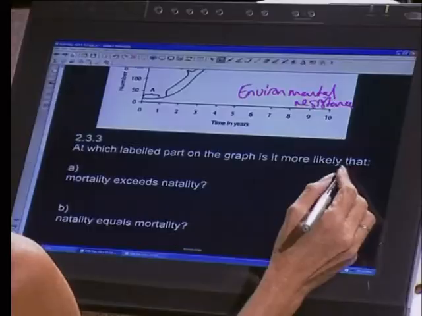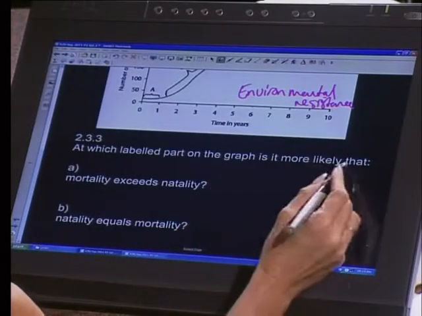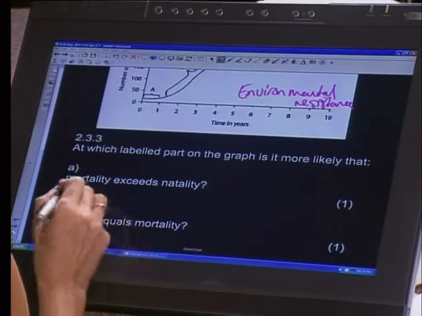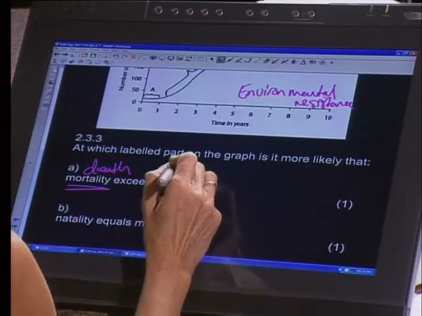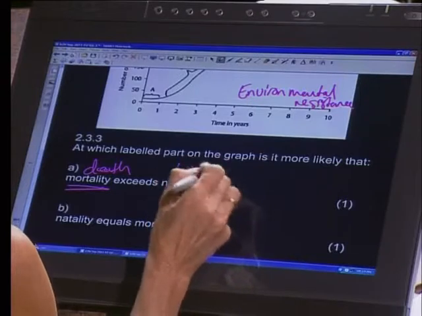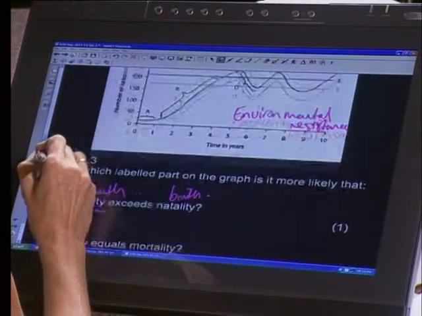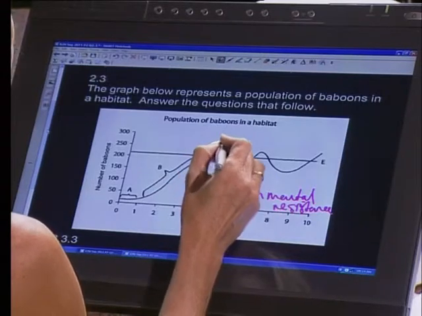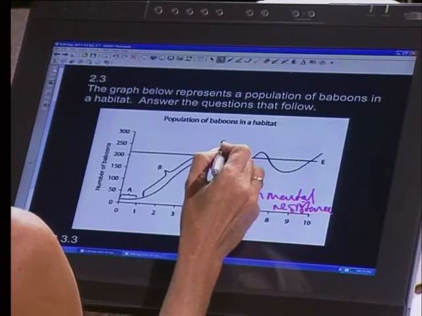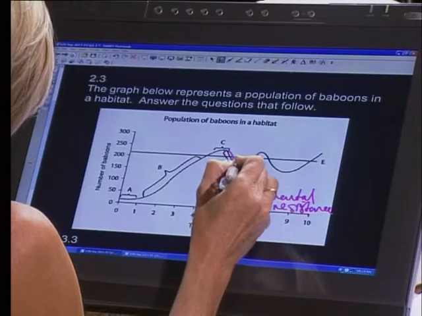Now, which part labeled in the graph is more likely that mortality, your death rate, exceeded natality, your birth rate? So they want to know, when did the death rate exceed the birth rate? So more dead, it would be between C and D, or it would be D. It would be this area here.